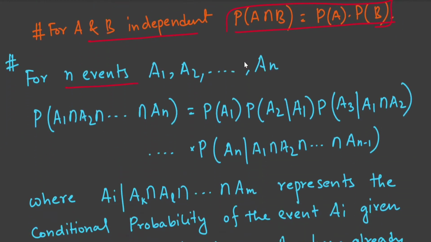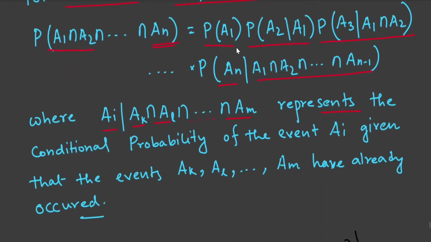Now if we extend this for n events A1, A2, ..., An, the multiplication rule is probability of A1 intersection A2 intersection ... intersection An equals probability of A1 into probability of A2 given A1, then probability of A3 given A1 intersection A2, and so on up to probability of An given the intersection of the first n minus 1 events, where probability of Ai given Ak intersection Al intersection ... intersection Am represents the conditional probability of the event Ai, given that the events Ak, Al, ..., Am have already occurred. So this is also an important theorem for probability.